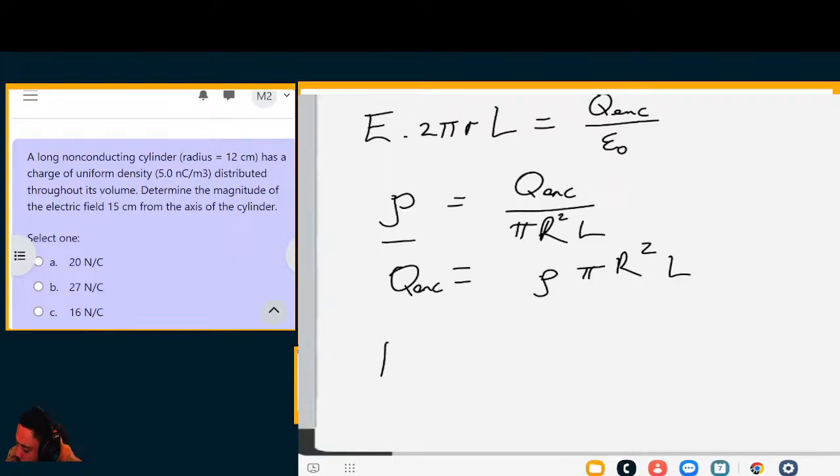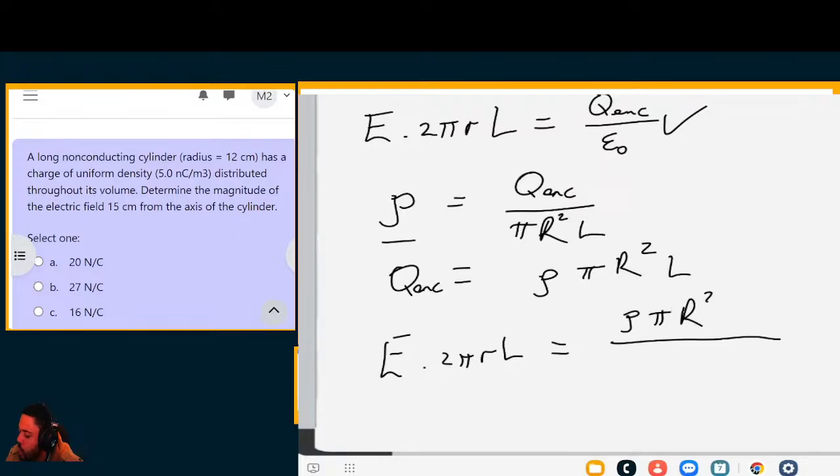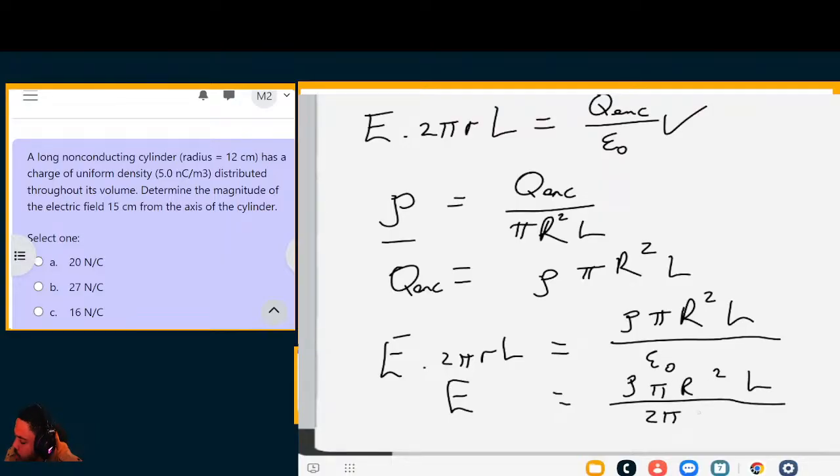Now if we rewrite the formula on top, E times 2 pi r L is equal to rho pi R squared times L over mu naught. This is the beauty of Gauss's law. When you need to calculate the electric field, E is equal to rho pi R squared L over 2 pi r L mu naught.